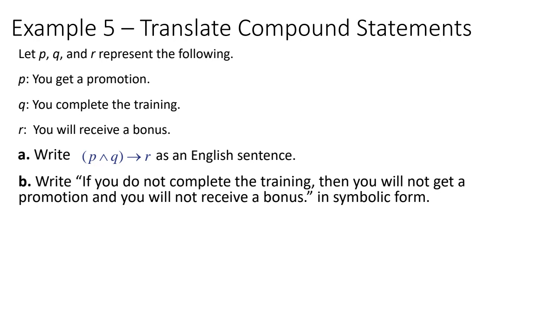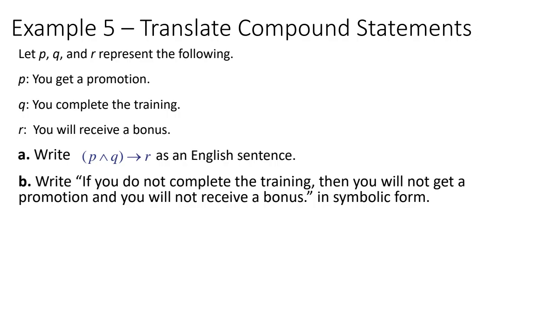Let's see this more specifically. A more specific example says: let P, Q, and R represent the following. P, you get a promotion. Q, you complete the training. R, you will receive a bonus. So in this problem, P, Q, and R have that meaning.